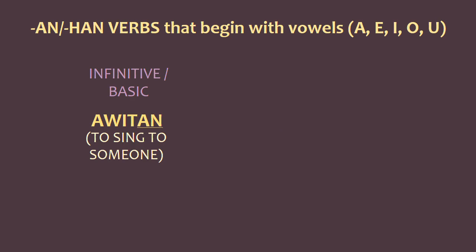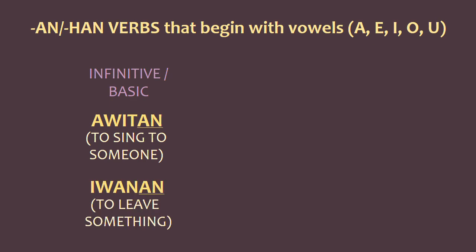Okay, and our next example will be iwanan, or to leave something or someone. This one also begins with a vowel, which is letter I. So these are the basic or infinitive forms of these verbs. Now, if you're wondering about the verb roots, the verb root of this one is awit, or sing.